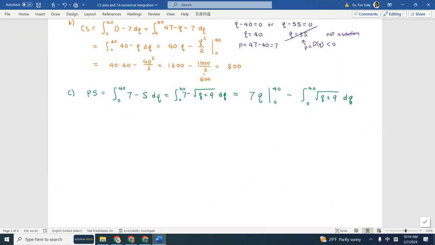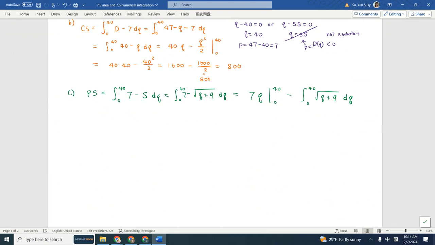It's not like x to a power or an exponential function or 1 over x. But it's a square root of something, right? It's like a composite function, so we can use U substitution.